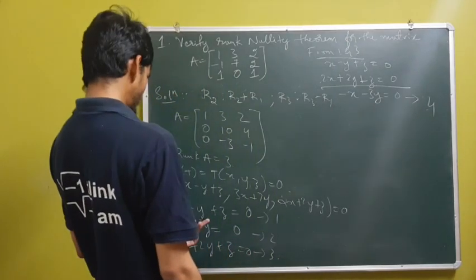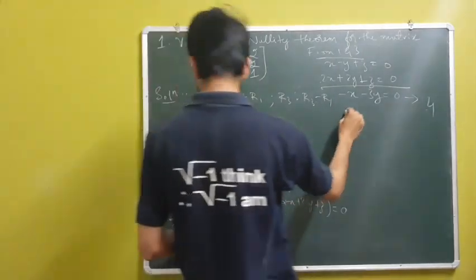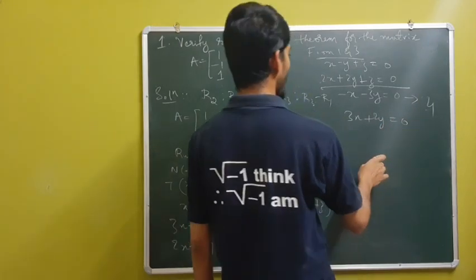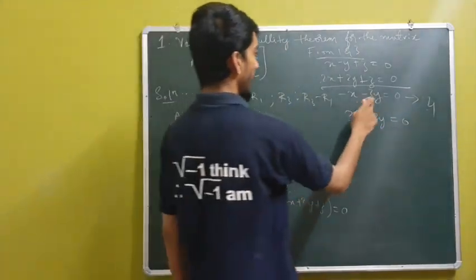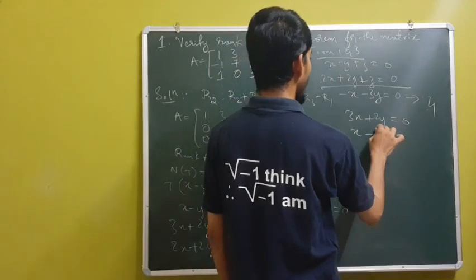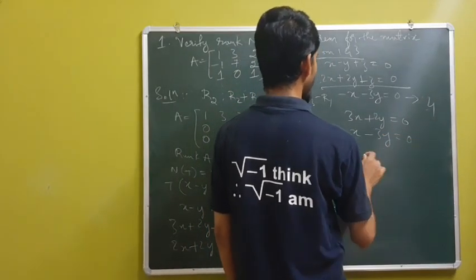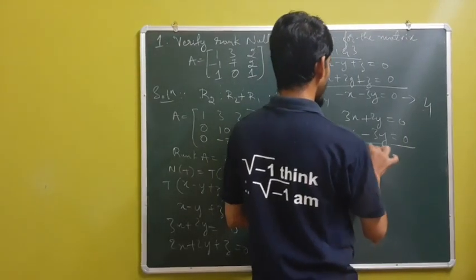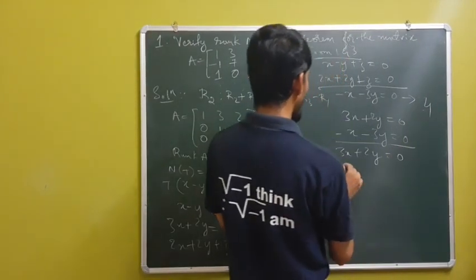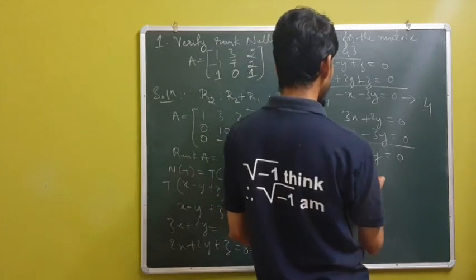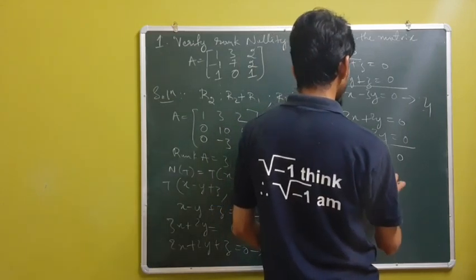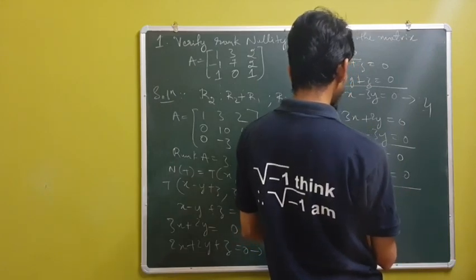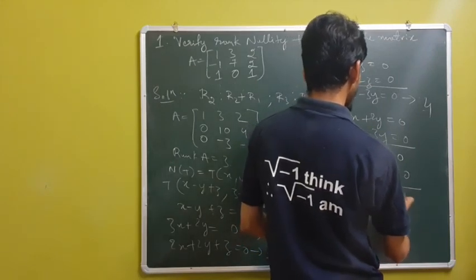Now if you check 2 with 4, 3x plus 7y equal to 0 is equation 2, and equation 4 is minus x minus 3y equal to 0. This will be 3x plus 7y equal to 0 and minus 3x minus 9y equal to 0, and this is nothing but minus 2y equal to 0.